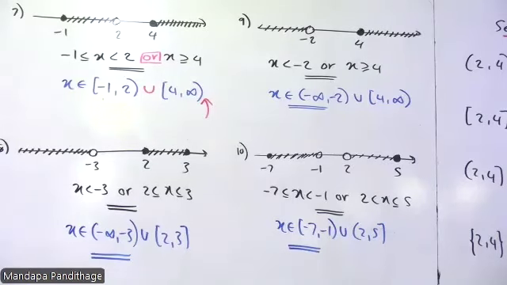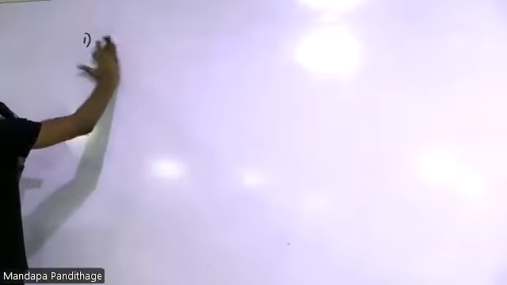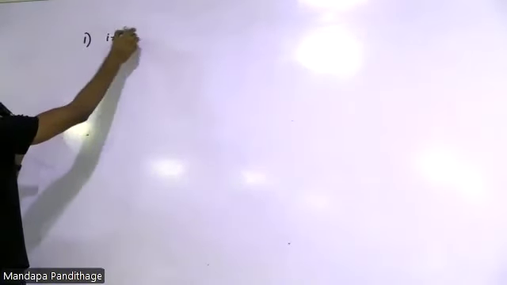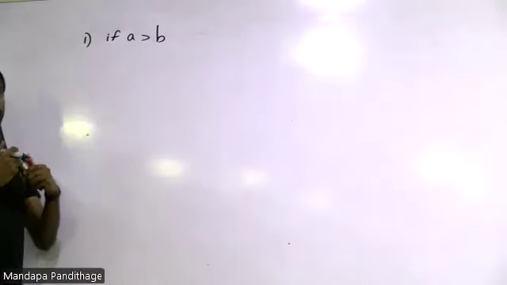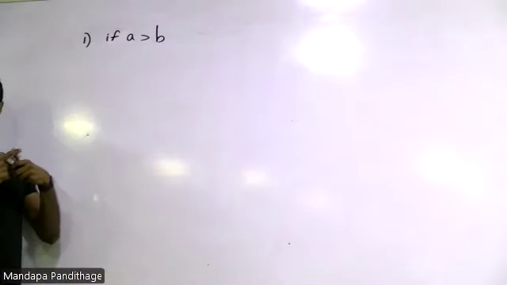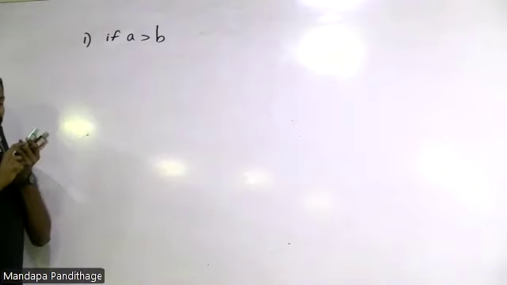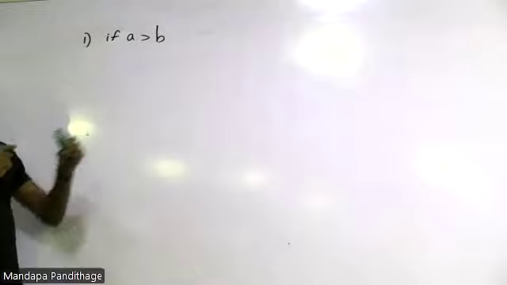When there's an inequality, there are things we can do and we can't do. So first one is, when we have an inequality, if A is greater than B, can we add the same number to both sides of the inequality? Can or can't?